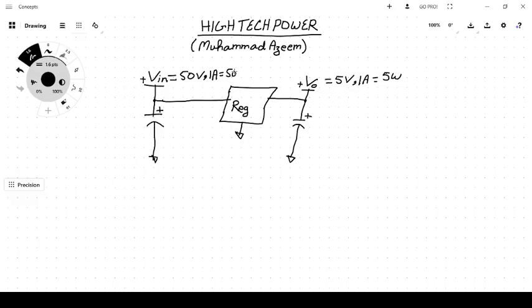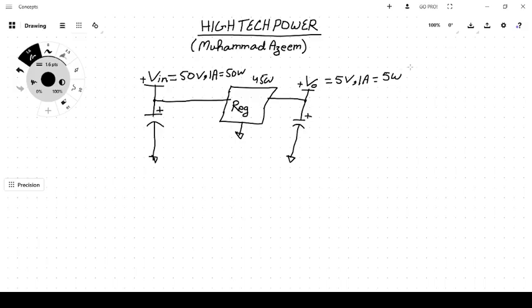We need only 5 volt output at 1 ampere, so 5 watt would be consumed and 50 watt is supplied, so the remaining 45 watt would be dissipated inside the regulator. So 45 watt is being wasted.